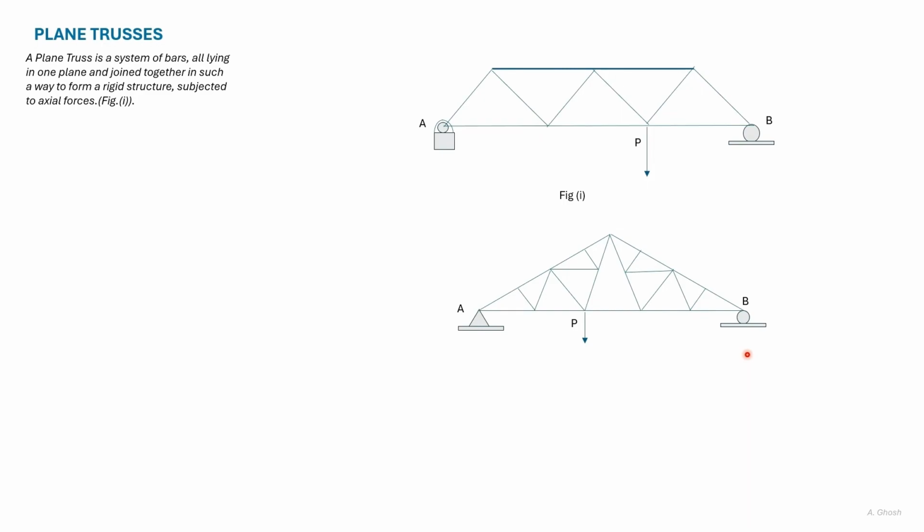B is a roller support, and it can withstand forces only in the vertical direction. In this particular case, B is also vertical, and B can withstand only force in the vertical direction. Then the force in A will also be in the vertical direction.